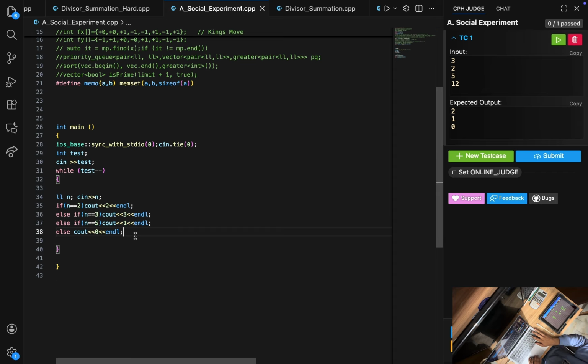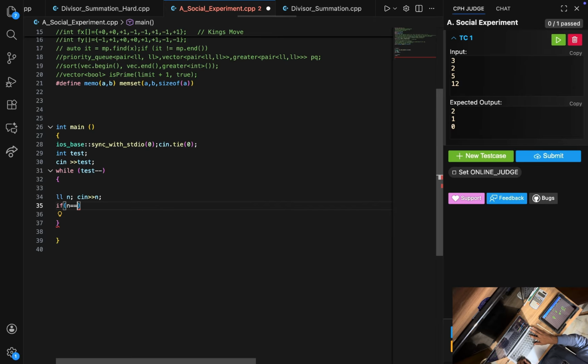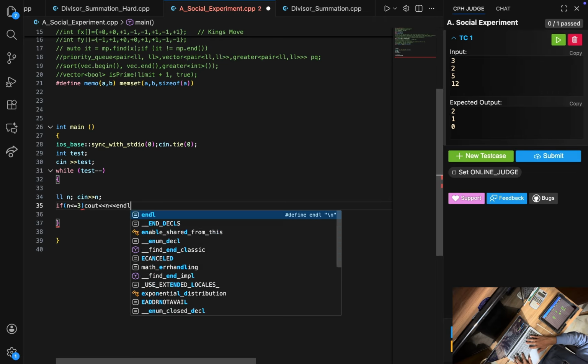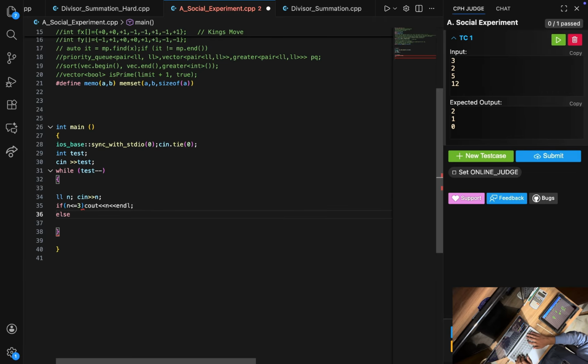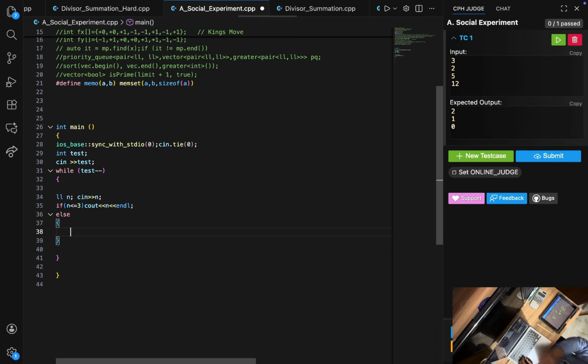I actually misunderstood the question. If n is equal to 2 or less than or equal to 3, else cout n mod 2.